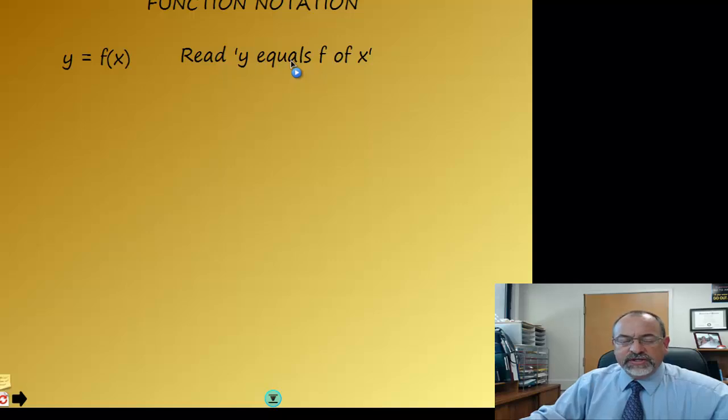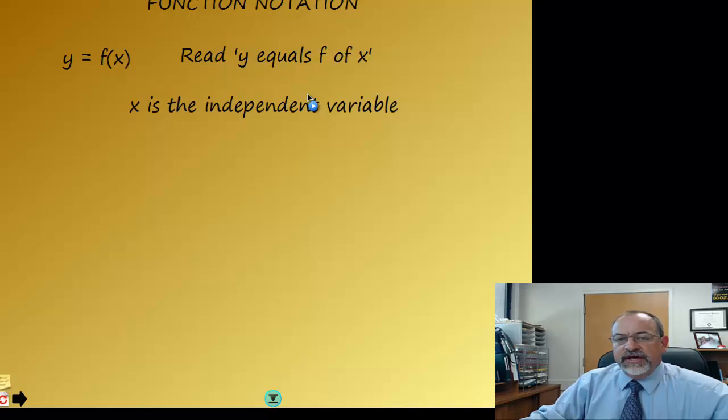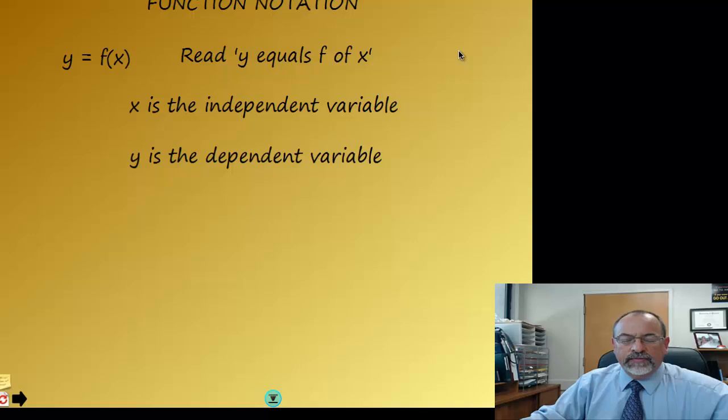Now a function is a relation between x and y. And you remember, as we talked about last year, x is the independent variable, y is the dependent variable. X values are variables that we can put into the function. We then do the simplifying process that gives us the y value.